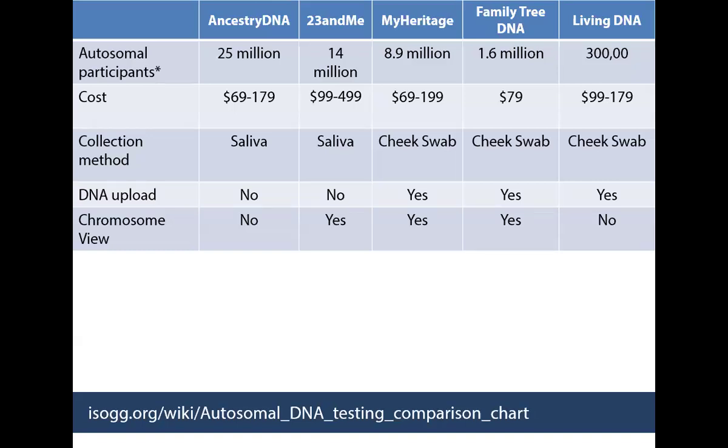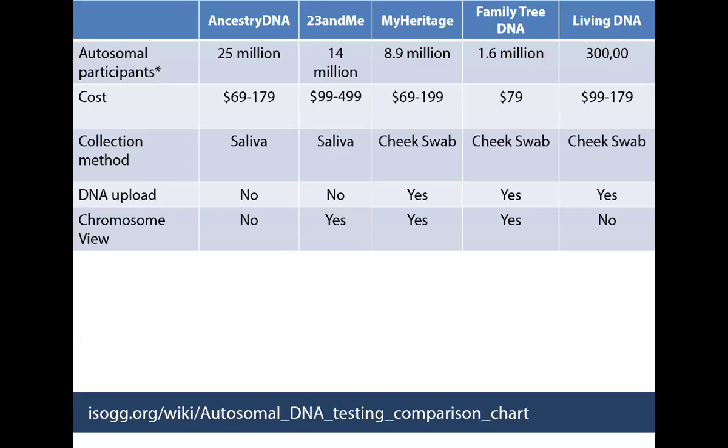Generally, these tests are going to have a range of prices, approximately $70 to $100. You'll notice that the higher ranges are actually referring to the add-ons you can do for these tests. Most of these companies are adding on a health package where you can test different traits and different markers for health reasons, like with 23andMe.